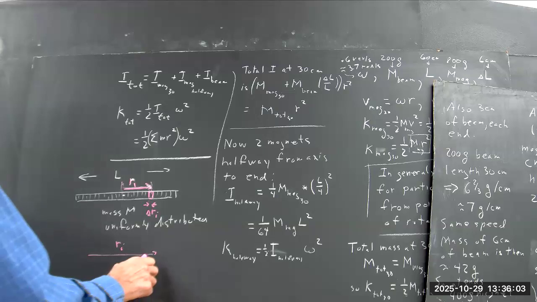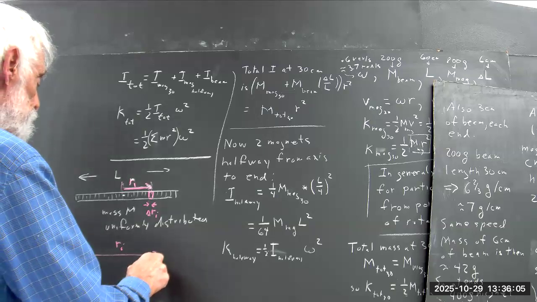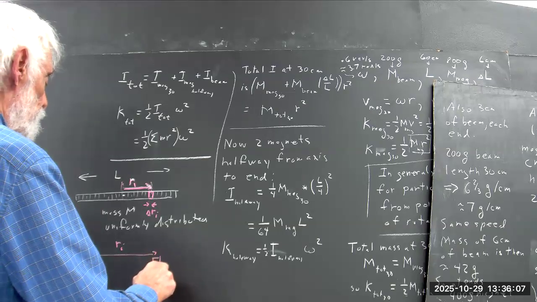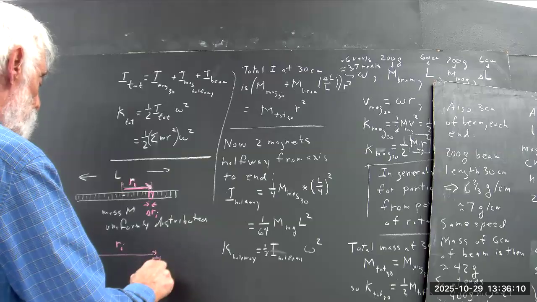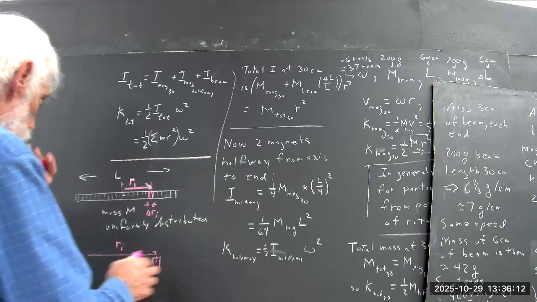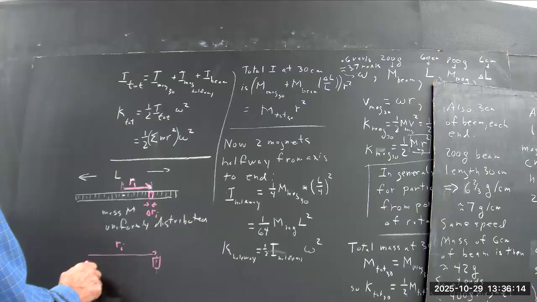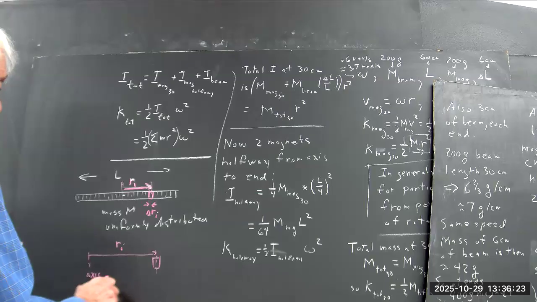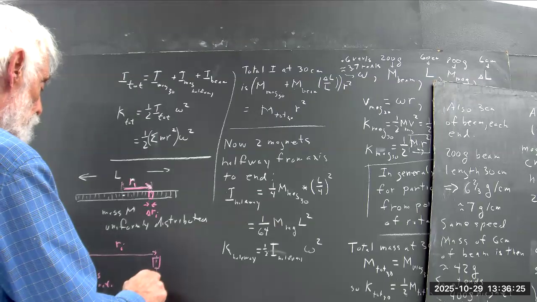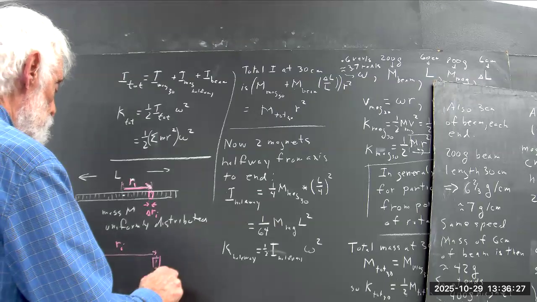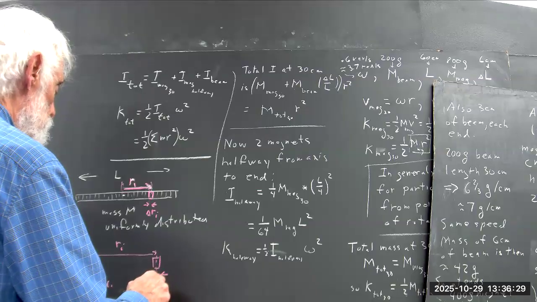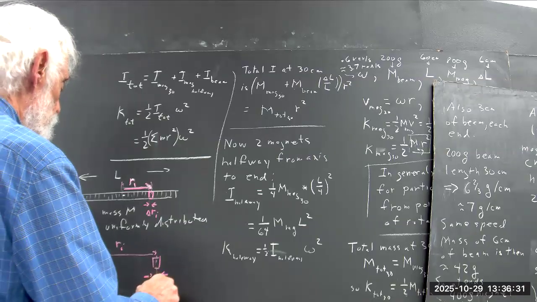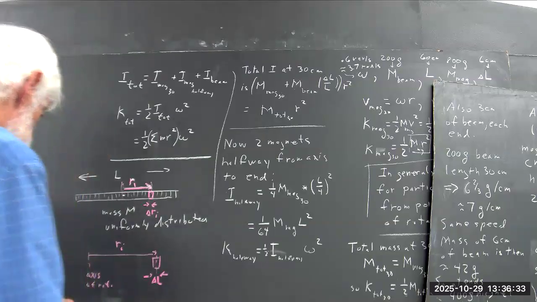There's r sub i. Here's the segment. Some random point within the segment. Here's the axis. And this thing has length delta L.